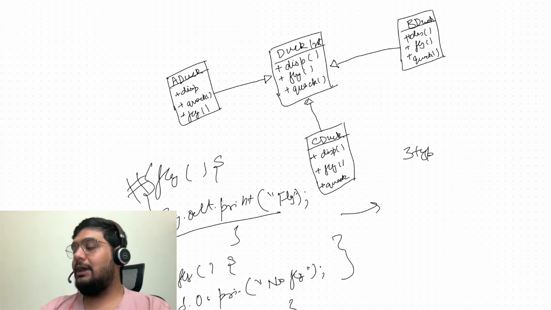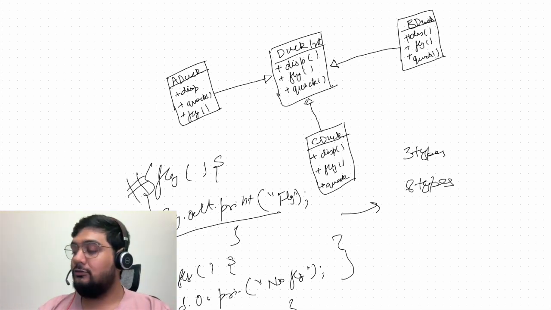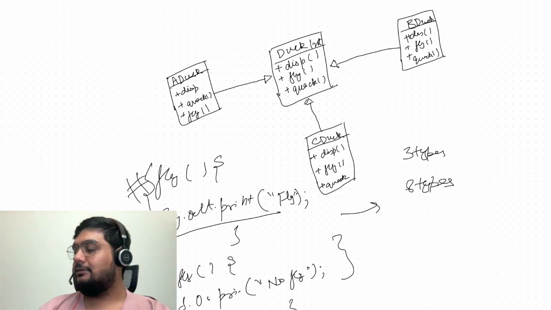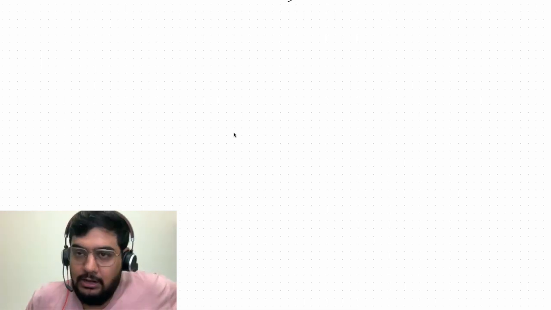So let's say if my use case increases from these 3 types of ducks to 8 types of ducks, then the permutations of having these smaller use cases will be much higher, right? So just to solve that problem, again, just a vague example, in the above scenario you will be saying that this can be easily done or solved by using an abstract class, right? Yeah, you are correct.